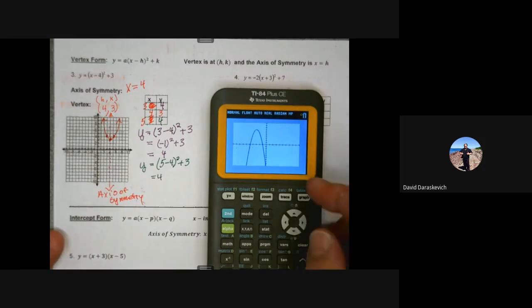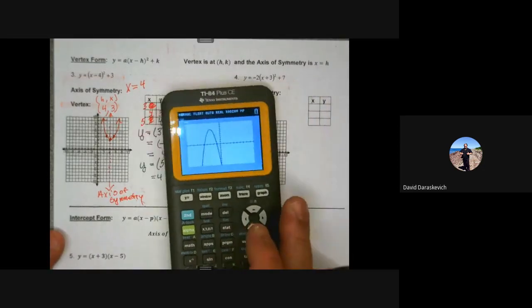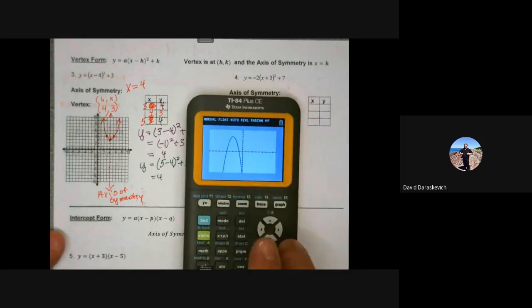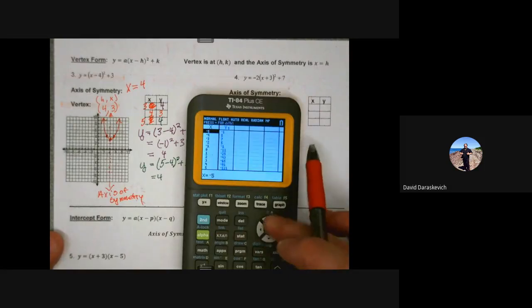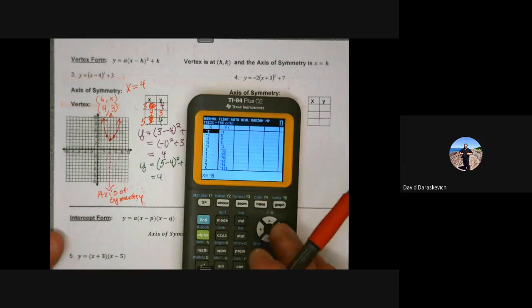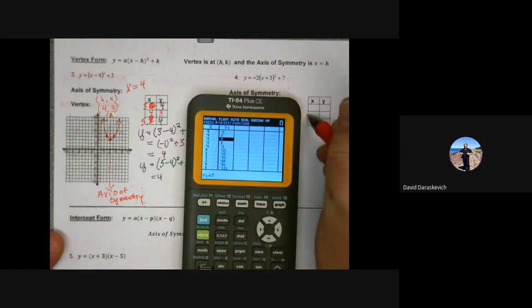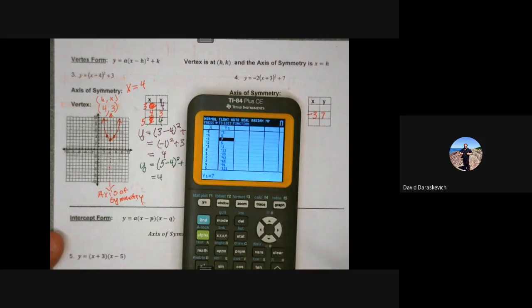We don't have to mess with the window. Let's see if we can find our vertex. Hopefully we can go to the chart and find it. Second graph. See if we can find any y values repeating, and we do. 5 repeats around this number, -3, 7. So that's our vertex. And then I have -4, 5, and then -2 and 5.